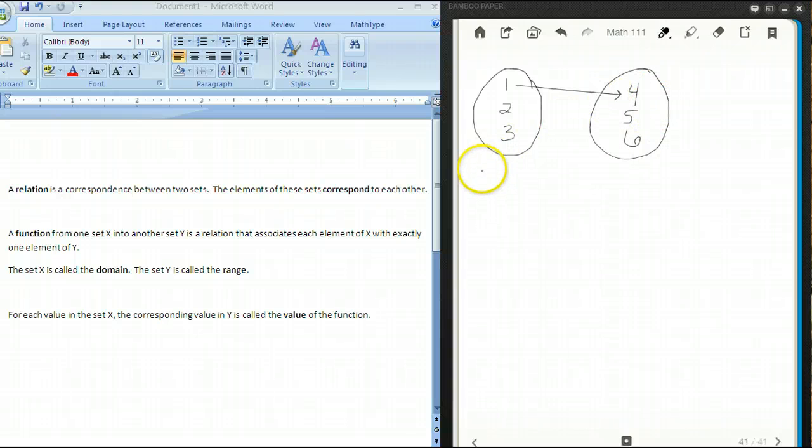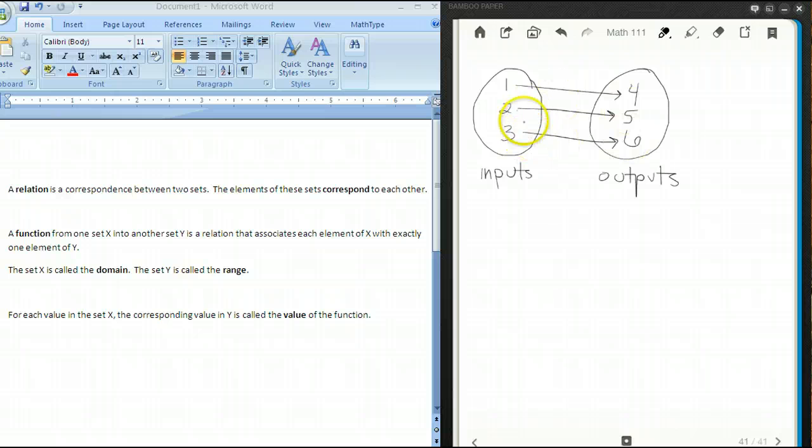We called these the inputs, and we called these the outputs. One value in the input corresponds to a value in the outputs. So 2 corresponds to 5, or 2 relates to 5, and 3 relates to 6. Okay, good. So this is a relation.